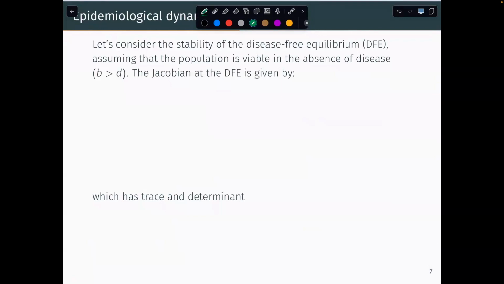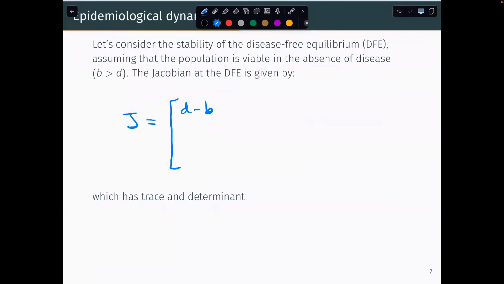I'm just going to focus here on the disease-free equilibrium. So what happens if we calculate our Jacobian at the disease-free equilibrium? Again, this is a good exercise for you to do. Find our Jacobian and then substitute in our disease-free equilibrium from the previous slide. What do we get?